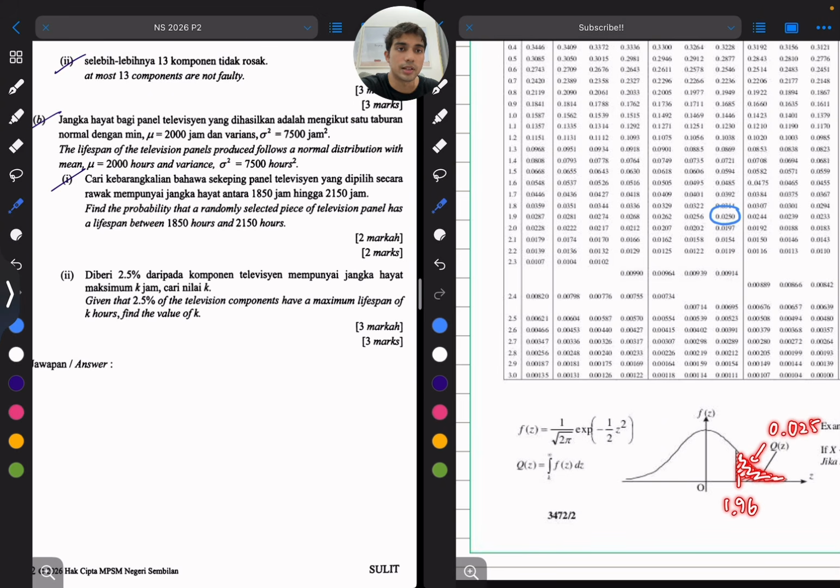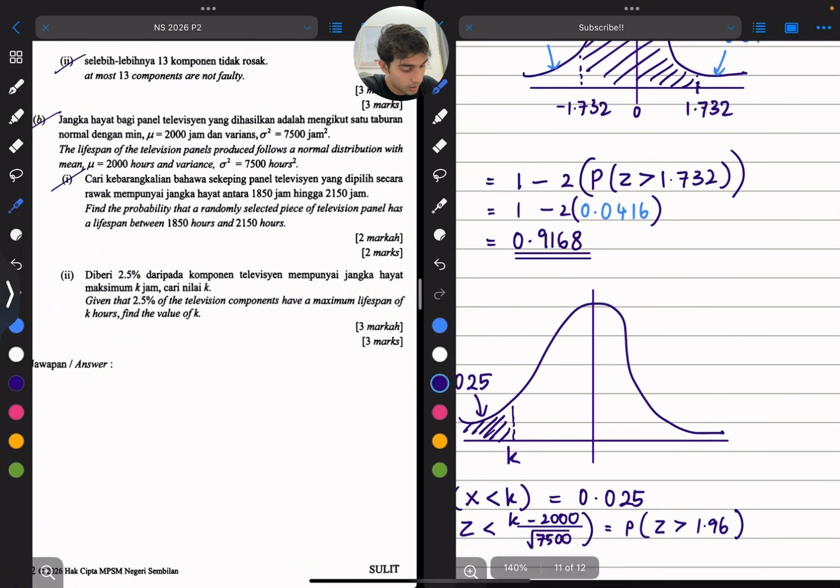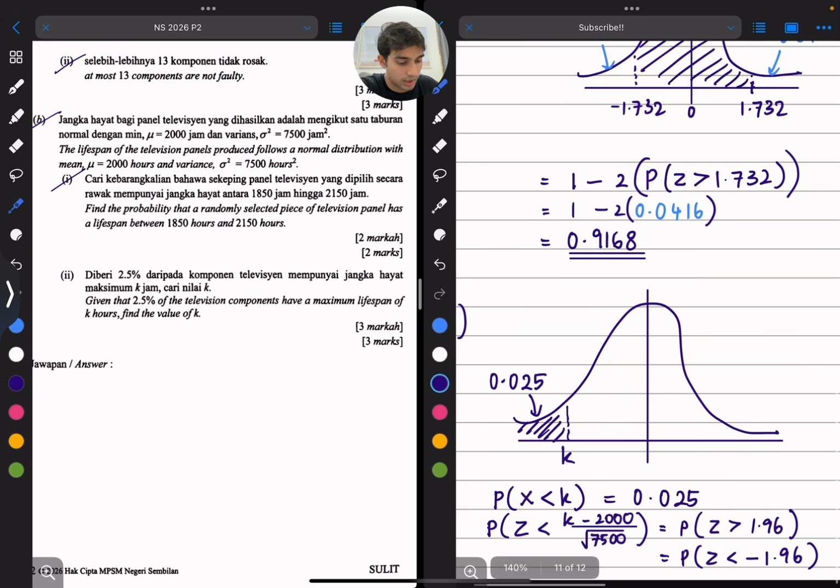But since this graph is symmetrical, when it is negative 1.96, we will also get the same area. So we can say Z more than positive 1.96 is the same as Z less than negative 1.96. PZ less than negative 1.96.